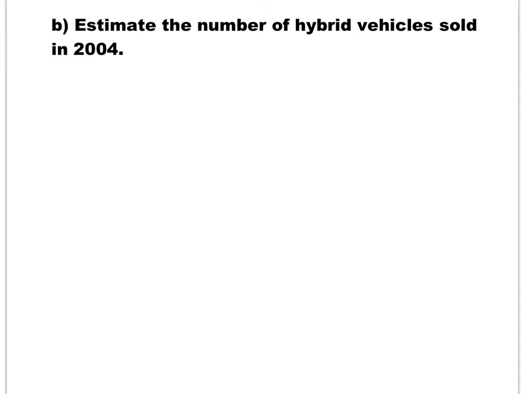The second part of the problem says estimate the number of vehicles sold in 2004. We know that the formula is S is equal to 199,148 times 2.39 exponent n. n is the number of years past 2005.